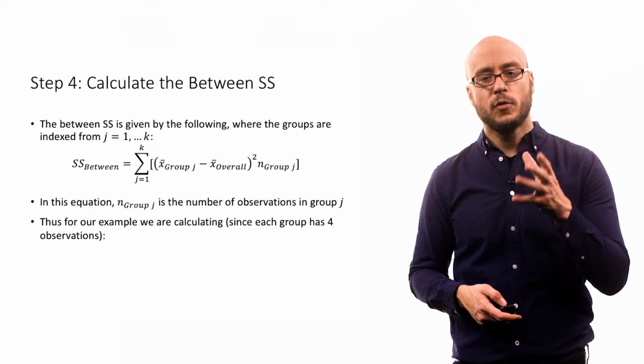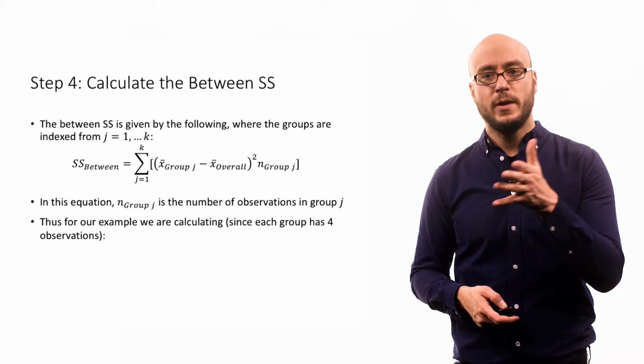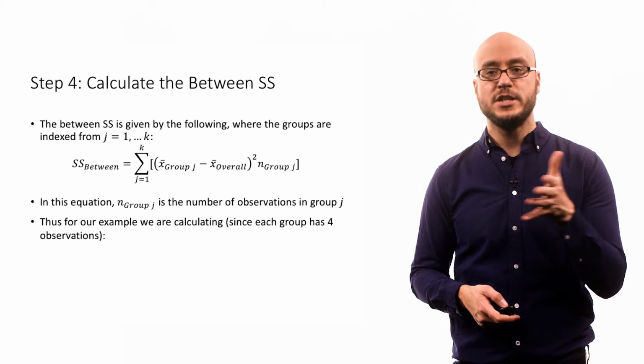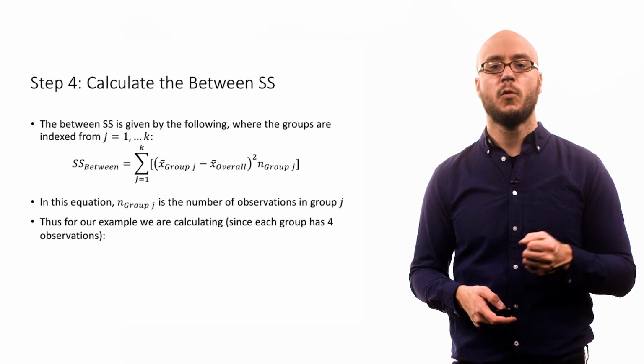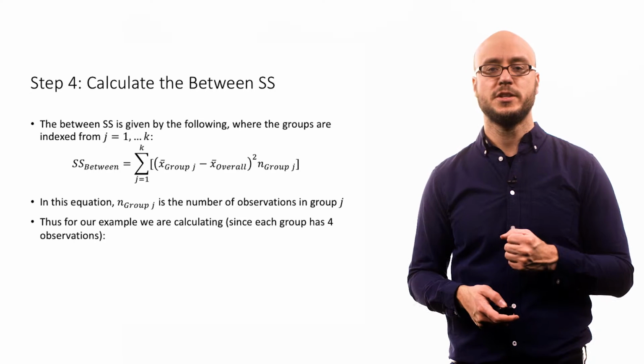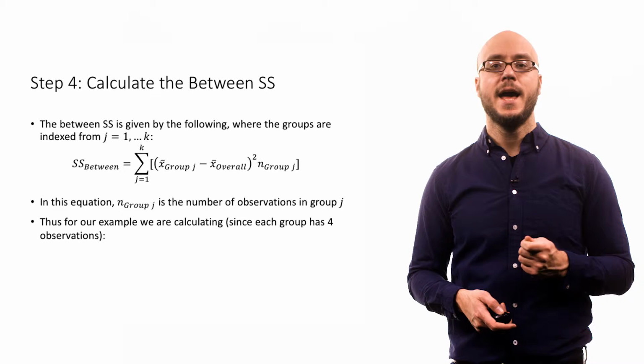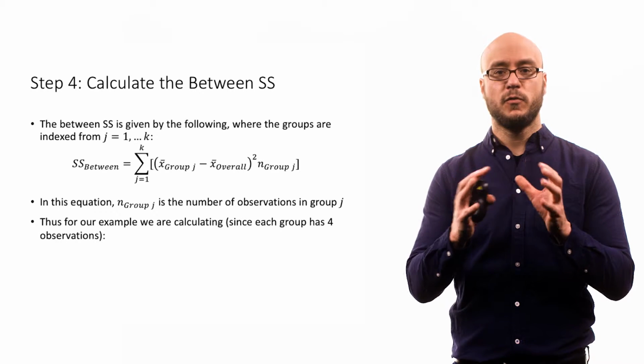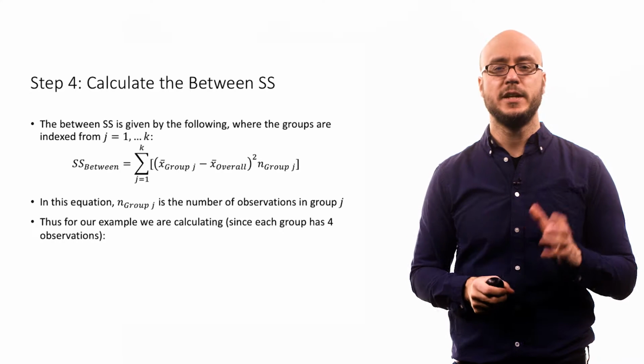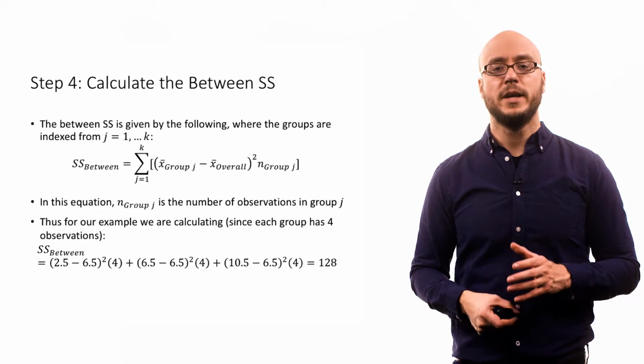So for our purposes here, we have n of 4 for each of those groups. Each group has 4 observations. There are 4 individuals in each group. Group 1 is 4 people, Group 2 is 4 people, and Group 3 has 4 people. That sort of weights this difference between each group mean and the overall mean.